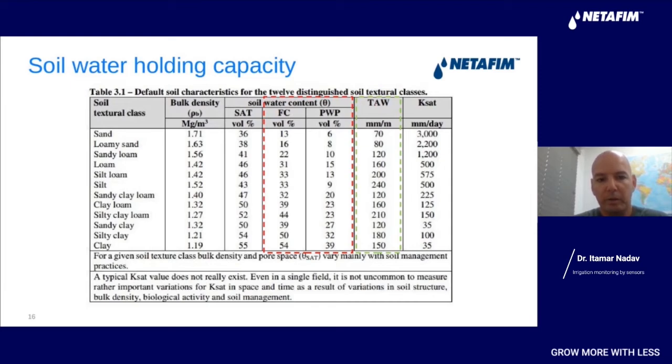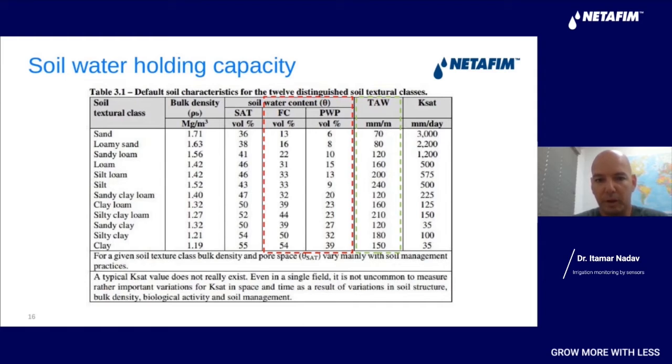So here in this table, you can see the 12 soil types that we have. This table is from the FAO, and you can see the different types of soils, from sand to clay, and their soil water contents.